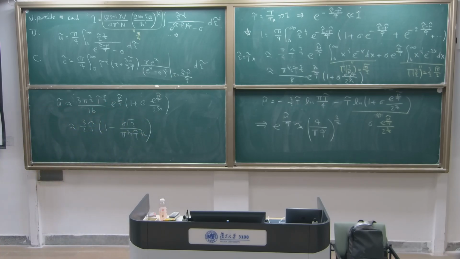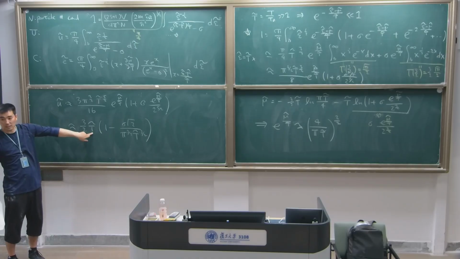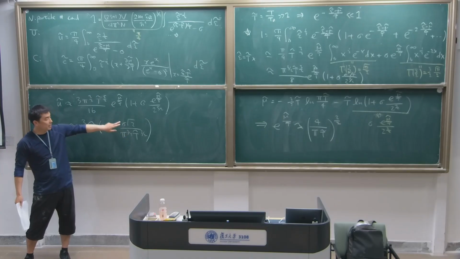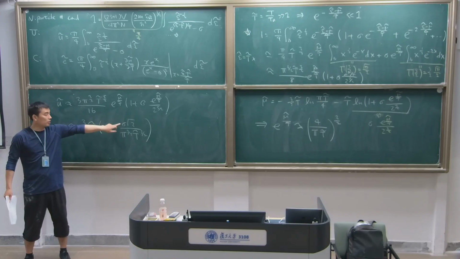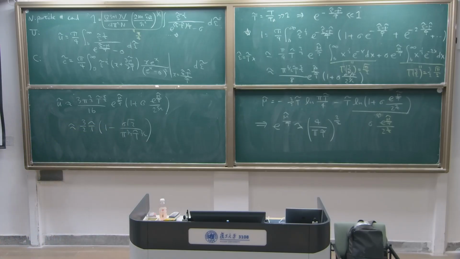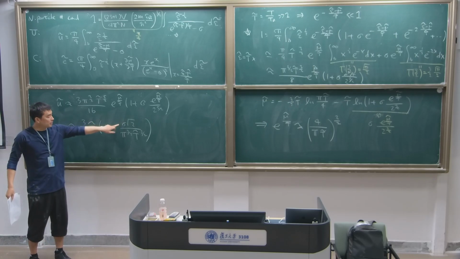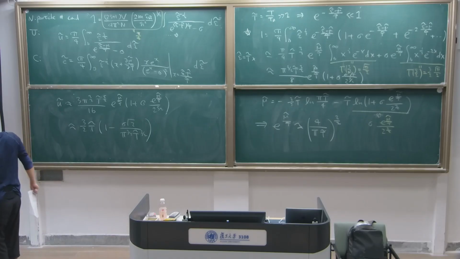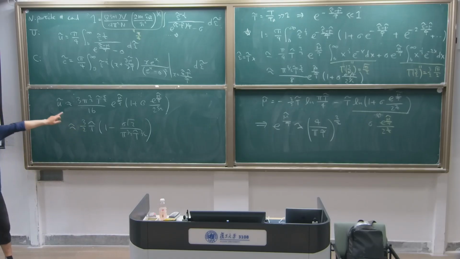Now if you look at this utility, in the high temperature limit the leading behavior is linear in T tilde, and the leading correction depends on boson or fermion. For boson you have a plus sign, so it is a little bit negative. For fermion you have a minus sign, so it is a little bit above. And the slope is 3/2.